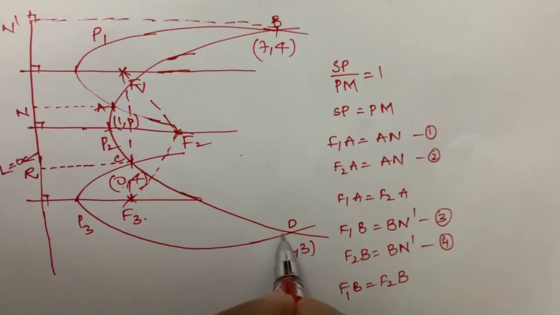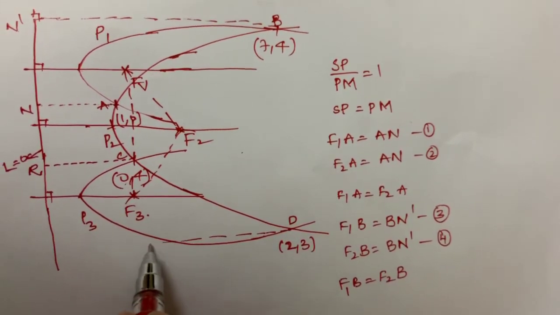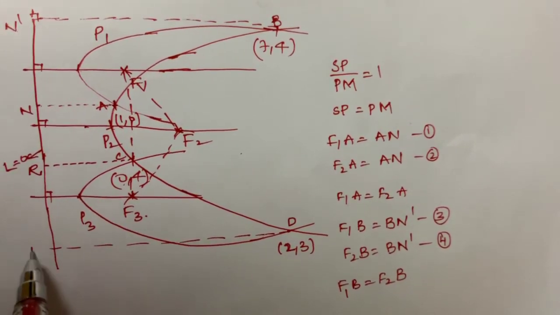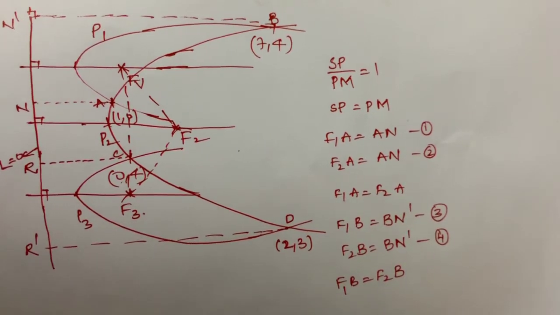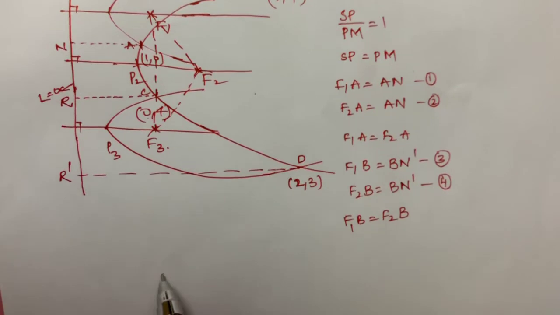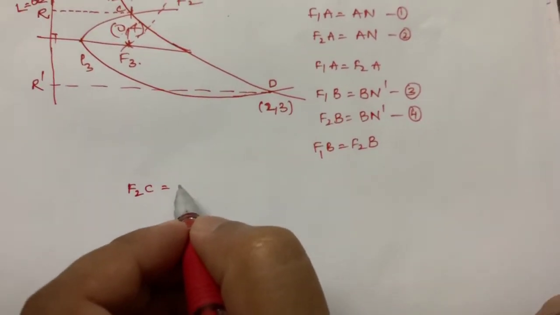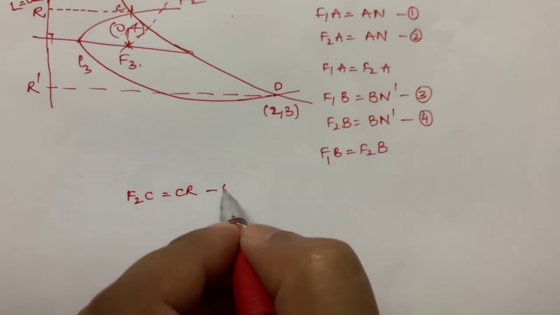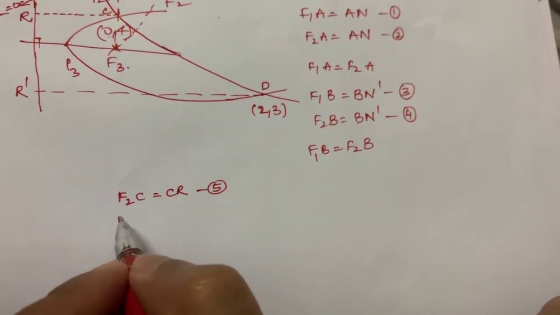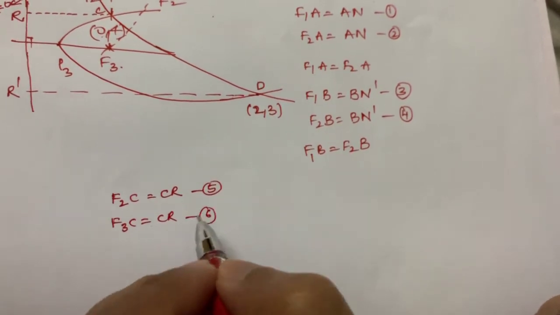Okay, from this point we'll take this R dash. So for parabola 2 and 3, if I apply, f2 C is equal to CR, this is equation 5, and f3 C is equal to CR, this is equation 6.